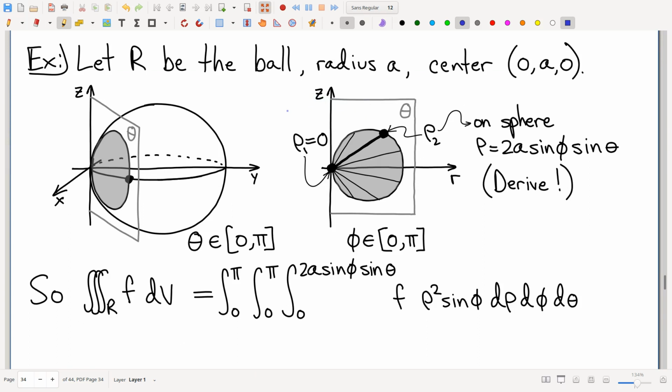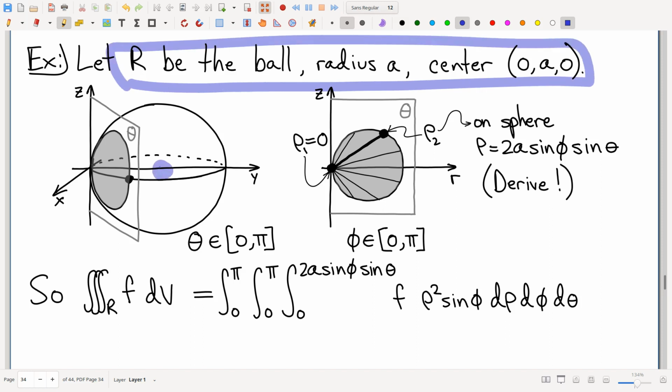Okay. Another example. Here we have another ball of radius A, this time centered over here on the y-axis instead of the z-axis. And this makes a pretty significant difference in how this plays out, as it turns out. A lot of people would think, what's the difference? Y-axis versus z-axis.